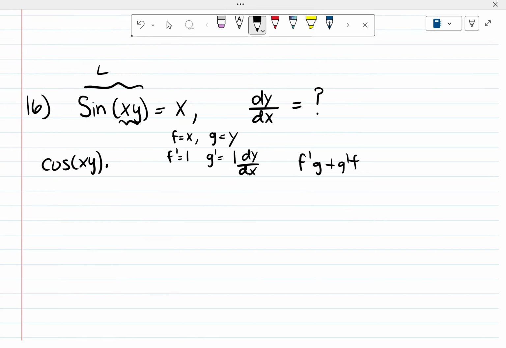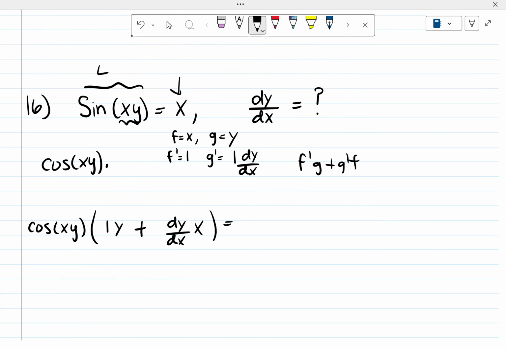So you're going to get cosine of xy times the product rule's f prime, which is 1, times g, which is y, plus g prime, which is dy dx, times f, which is x, equals, so we did the left side, now what's the derivative of x?